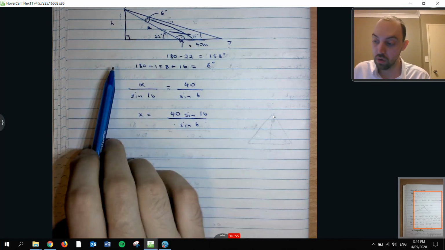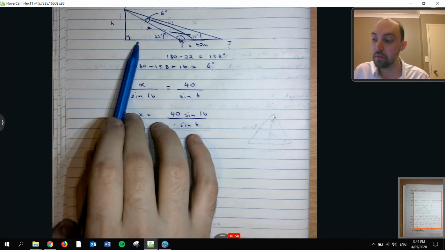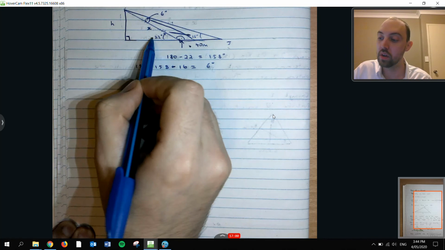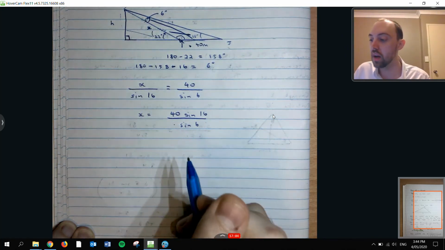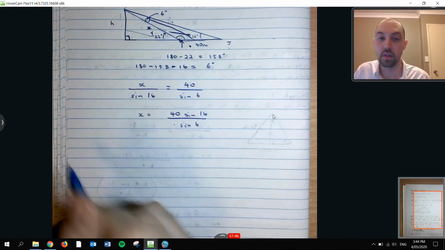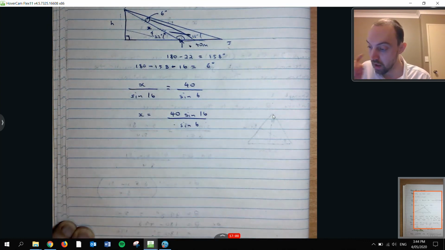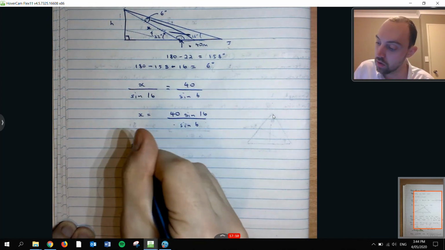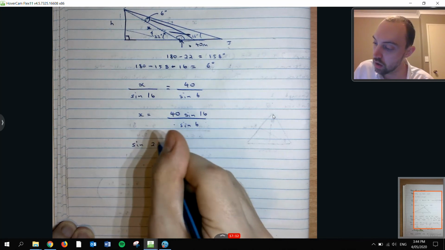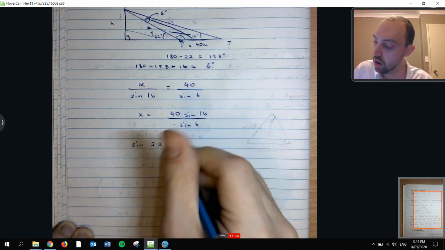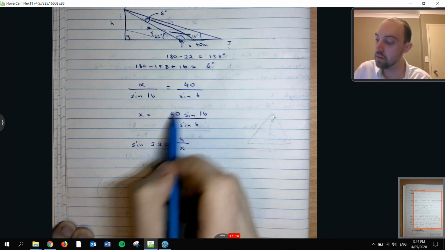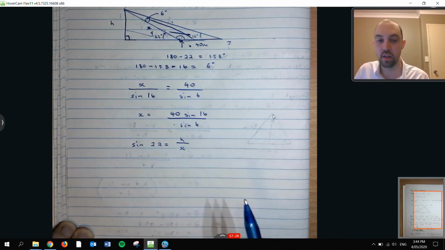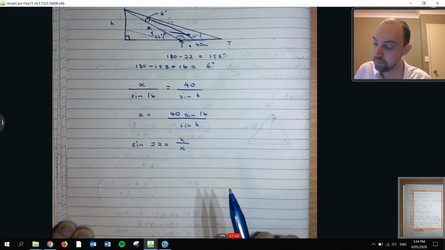What we can do is use SOHCAHTOA. Alright, 90-degree angle triangle, opposite and the hypotenuse, not the adjacent. Okay, so sine of 22 degrees is its opposite side, h over x, which we found a value for, but I'm going to keep it as x for a moment.